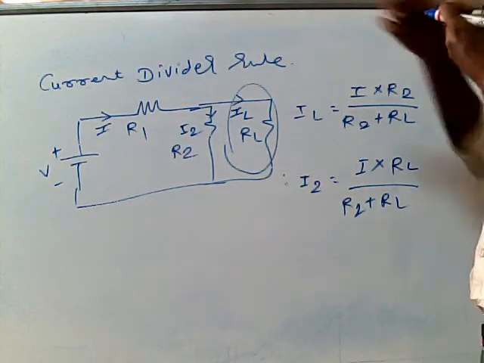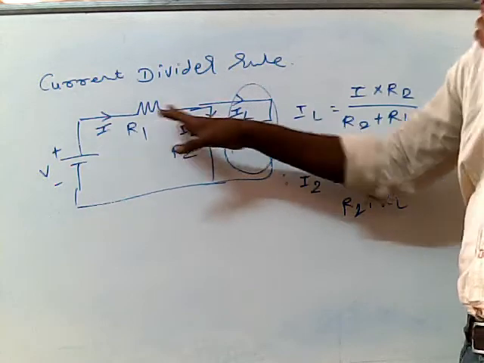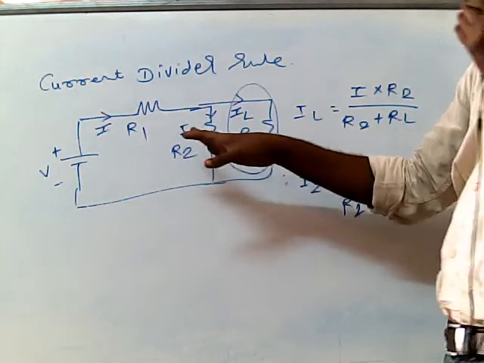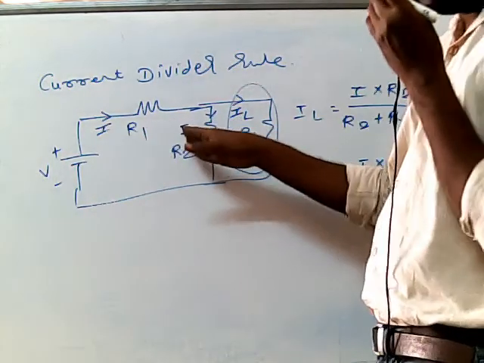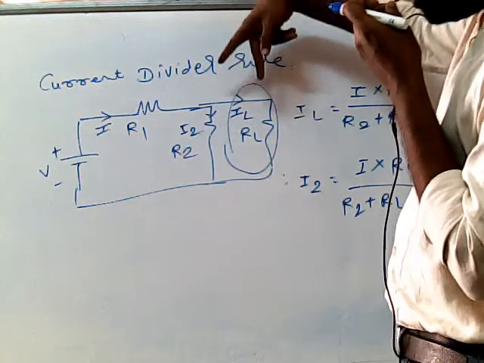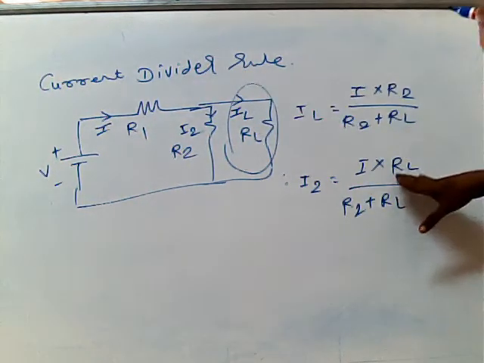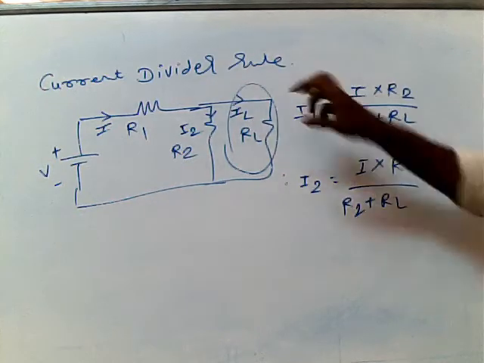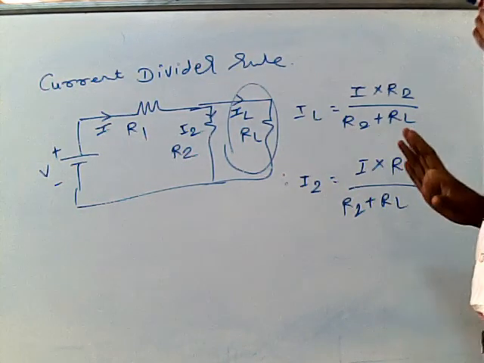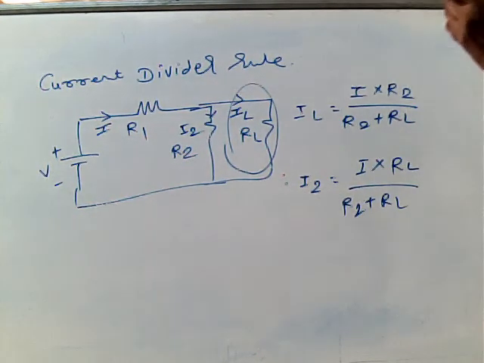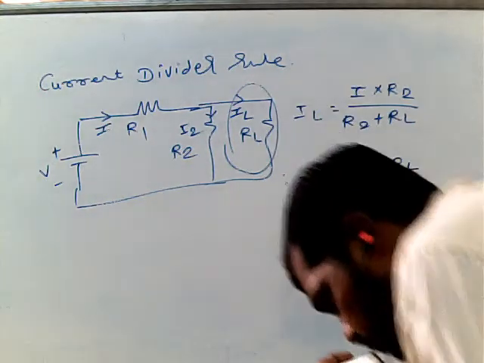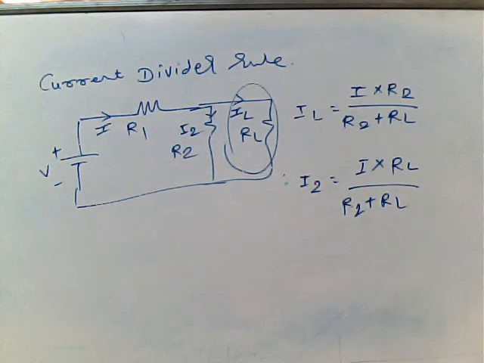If we have this kind of branches and we know the main current coming to the main branch, and the currents are distributed, we can simply use the current divider rule to find how much current passes through any individual branch. So these are very short but very important rules, the voltage divider rule and the current divider rule.